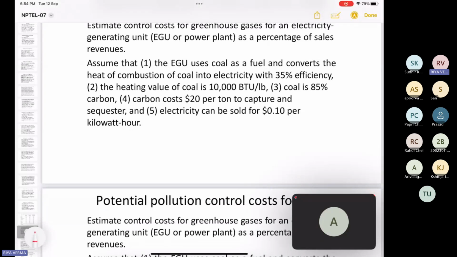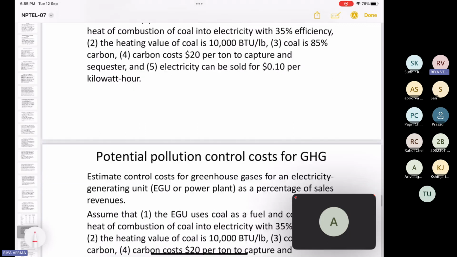The question is, assume that the EGU uses coal as a fuel and converts the heat of combustion of coal into electricity with 35% efficiency. The heating value of coal is 10,000 BTU per pound and the coal is 85% carbon. The carbon costs $20 per ton to capture and sequester, and electricity can be sold for $0.10 per kilowatt hour.